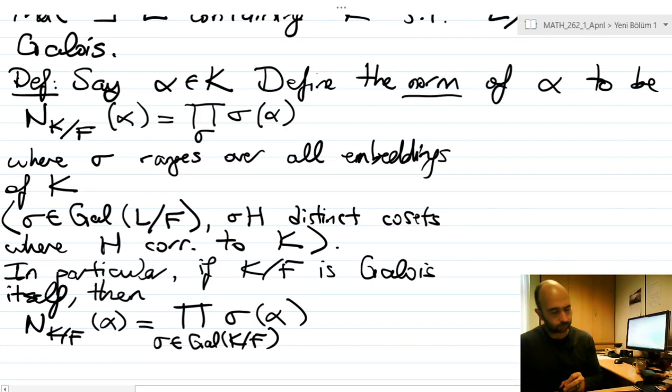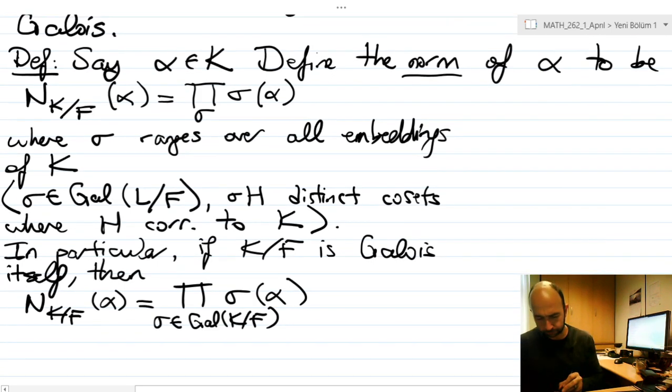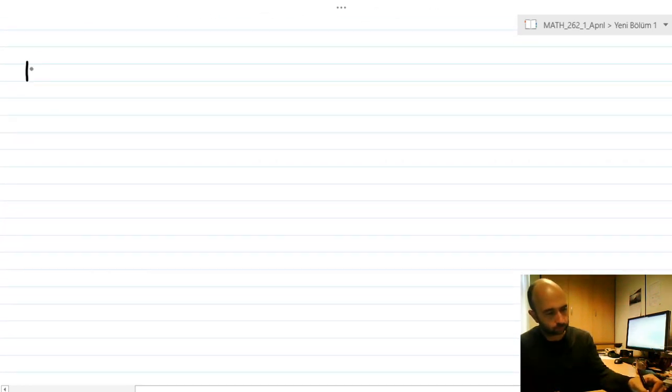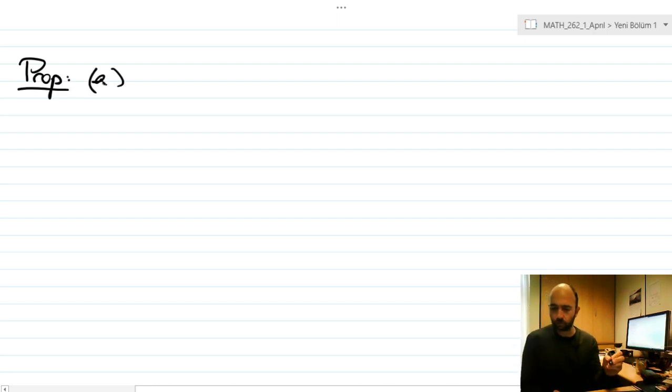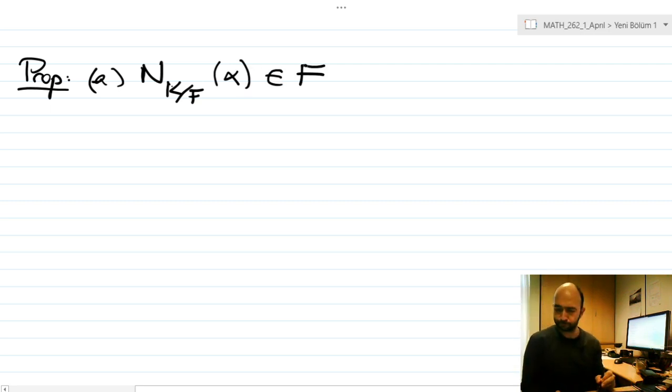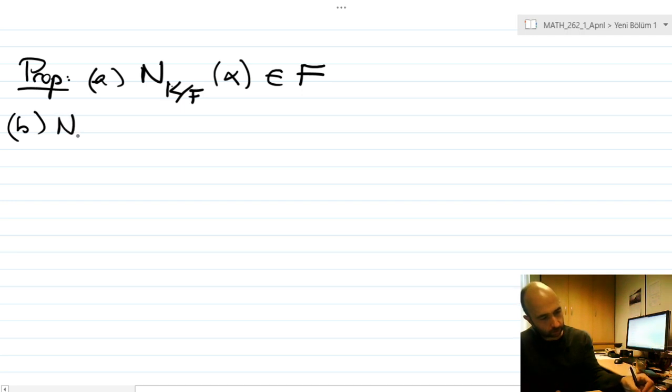Now, some properties of norm. The first and foremost is that the norm of alpha is an element of the base field F. And the second thing is that norm is multiplicative.